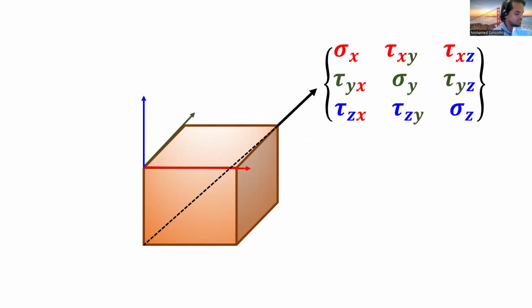If I have a force in this direction, I can decompose this force onto one, two, three planes, right? I can decompose into three perpendicular directions, right? Therefore, for each plane I will end up with three components, like I explained in the previous case. For three planes, I will end up with nine components, right? So that is why you have nine components in the stress tensor, right?